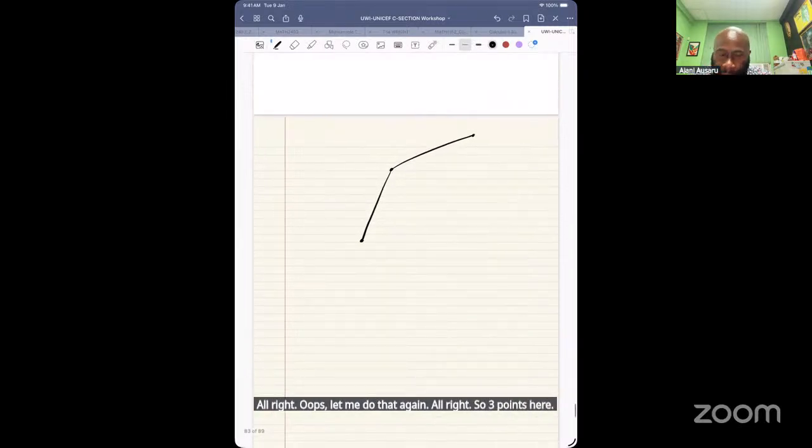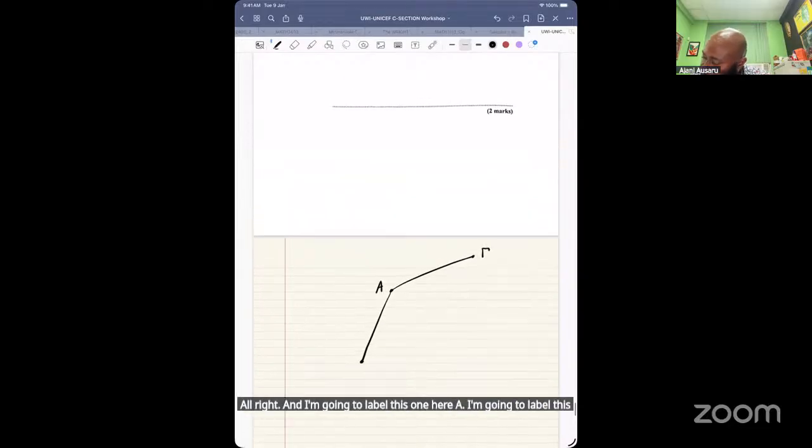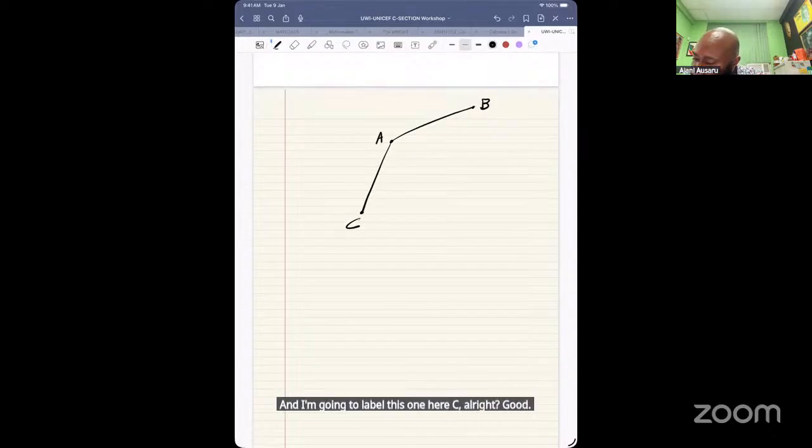I'm going to label this one A, this one B, and this one C. Good. And what I'm going to do right now is draw some lines going north. All of them going north. Beautiful.